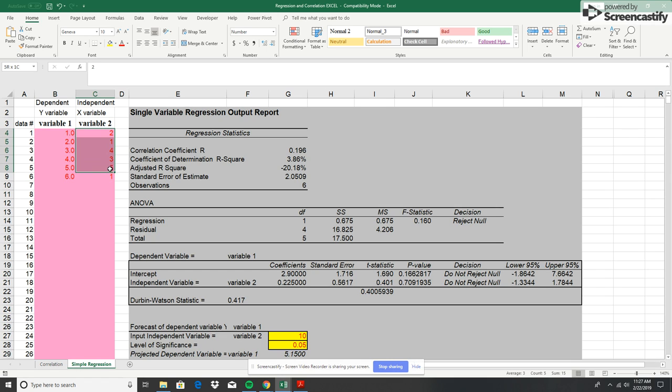So just by changing these numbers a bit here, this suggests that there's no relationship, because I made the largest value of y have one of the smallest values of x. And what do we see? Small f statistic over here, small t statistic, large p-value, which implies that we fail to reject the null hypothesis. So hopefully that helps a little bit just in reading what's going on in this table and understanding how that relates back to the concept.